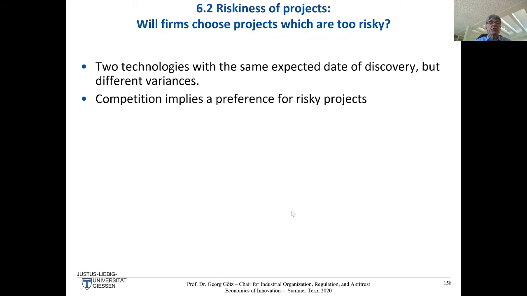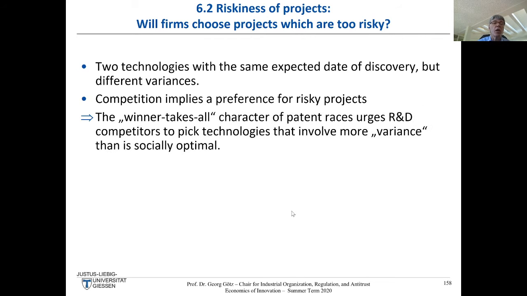This is based actually on a textbook chapter by Tirole in his book on industrial organization. We will see that competition implies a preference for risky projects, and that has got something to do with the winner-takes-all character of patent races, which urges R&D competitors to pick technologies that are too risky in a sense, and that involve more variance than is socially optimal.